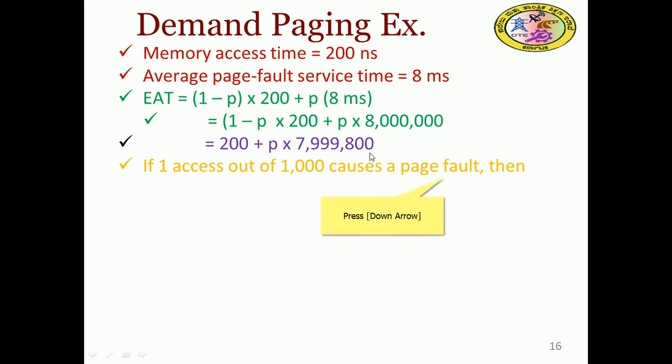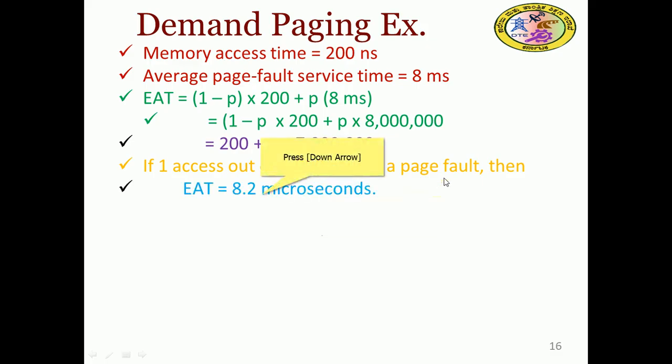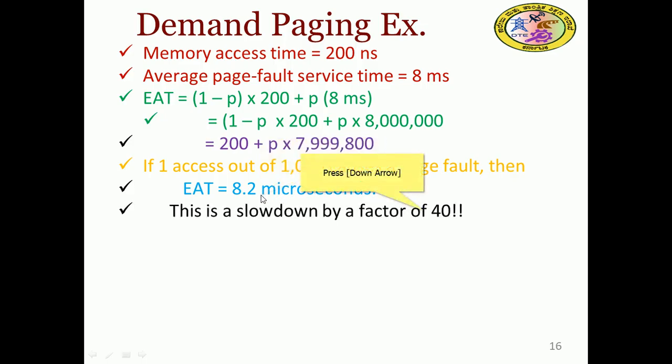If one access out of 1000 causes a page fault, then the effective access time is 8.2 microseconds. This is a slowdown by a factor of 40.